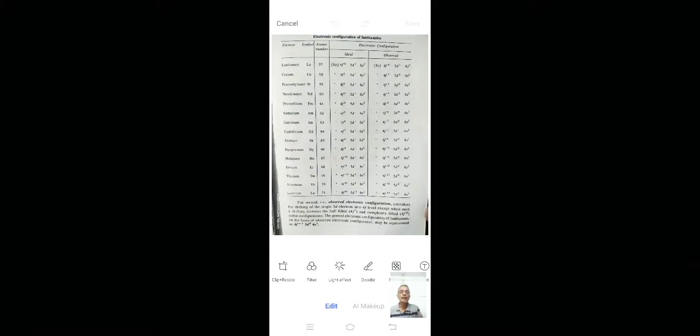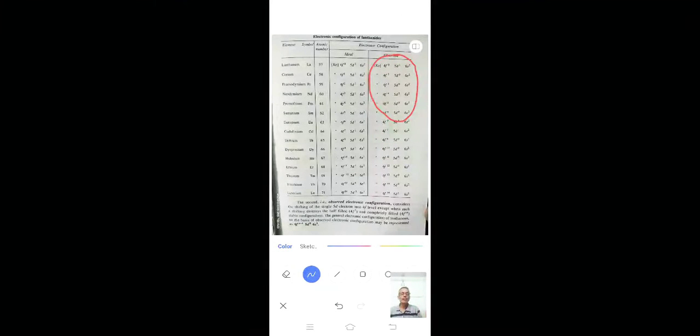But in case of the observed configuration, we have this configuration. You can see the change. Now in this case, you find 4f0 5d1 6s2 is the same for lanthanum, but for cerium the d electron enters into 4f.